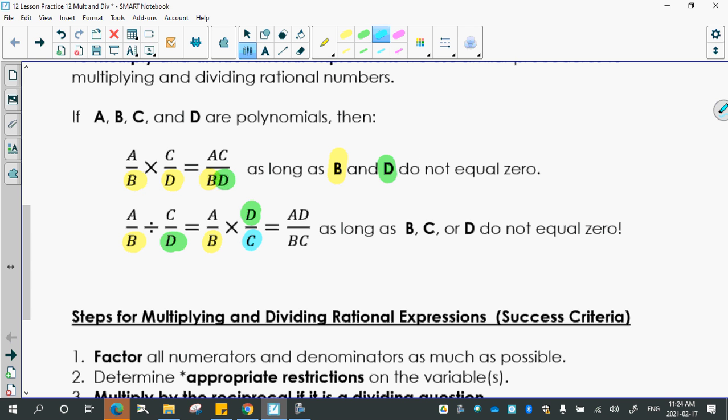So when you divide, your restrictions come from everywhere except the numerator of the first fraction. They come from both denominators and the numerator of the second fraction once you flip. My color coding here: C was blue, B was yellow, and D was green. So you have to look for your restrictions in all of those spots.